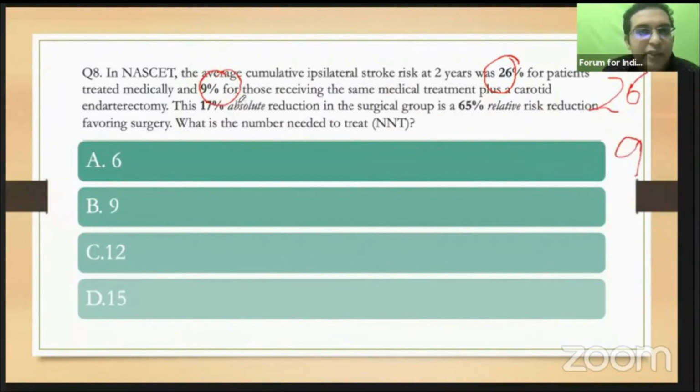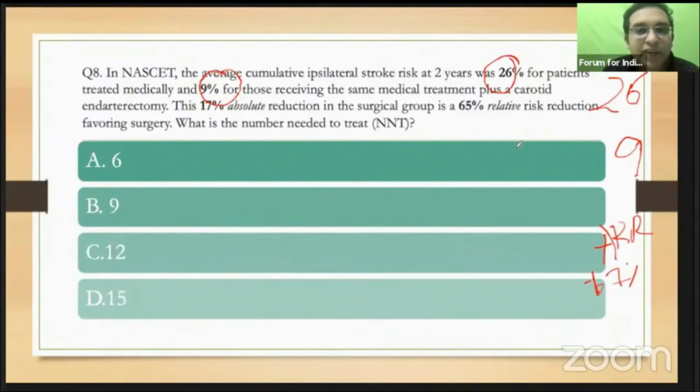So the absolute risk reduction, or the ARR, in this patient is actually 65. Sorry, not 65, 17. How will you get 17? It is 26 minus 9, that is 17. So the risk reduction with carotid endarterectomy was 17%.